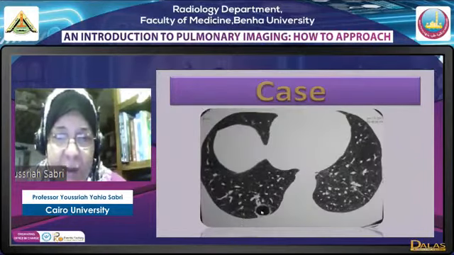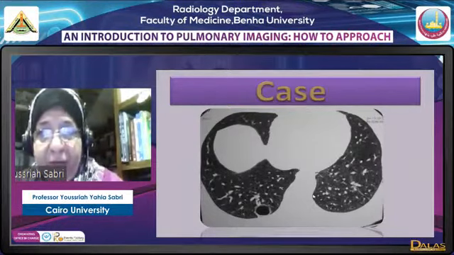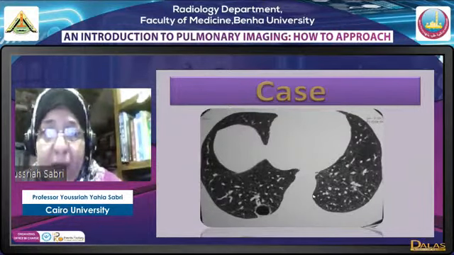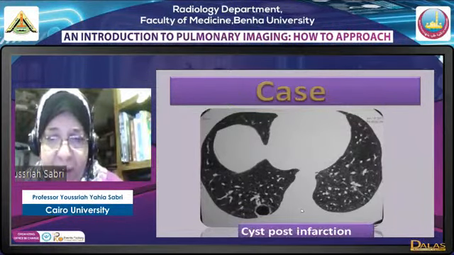Here, the cyst was a healing infarction. When a patient has an infarction, it might heal by total resolution or leaving a nodule, a fibrotic nodule, or a fibrotic parenchymal band, or leaving a cyst, as you can see here. This is a cyst which is post-infarction.